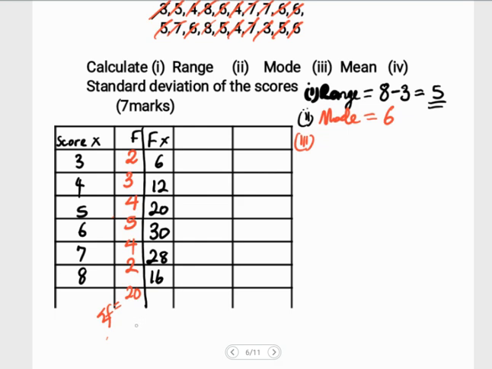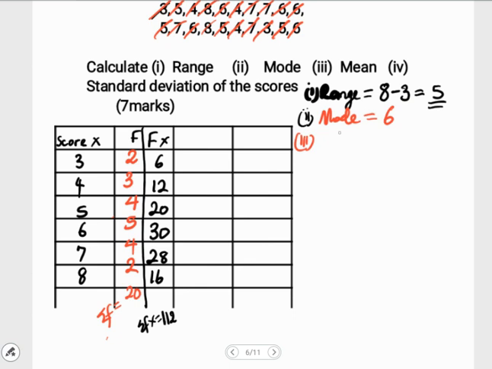We are going to add what we have here now. Summation fx is equal to 112.